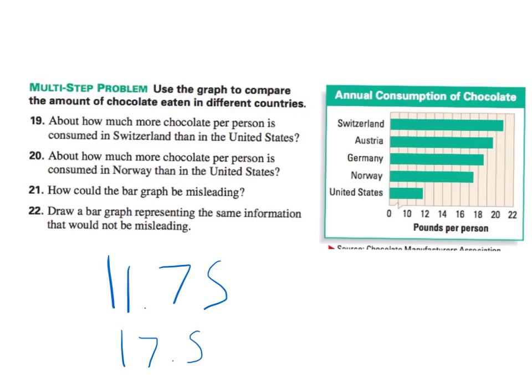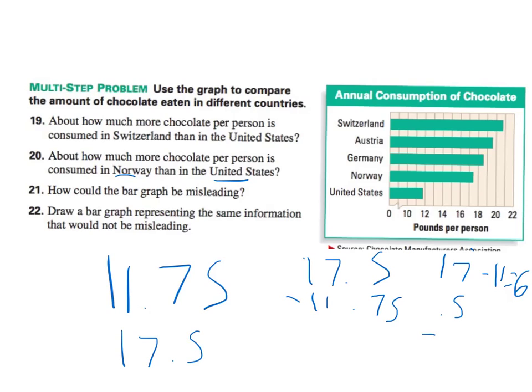So now we're seeing how much more Norway is than the United States. We know Norway is 17.5, and now we're subtracting 11.75. Right off the bat, we can do 17 minus 11, which is 6. Now we need to do 0.5 minus 0.75, and we're going to get a negative number.